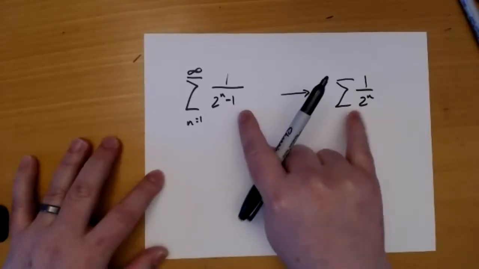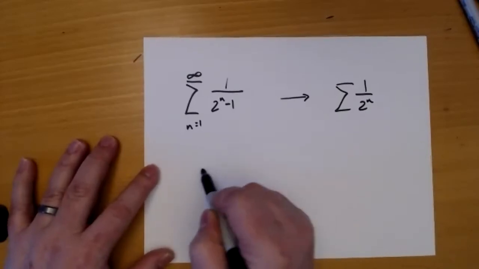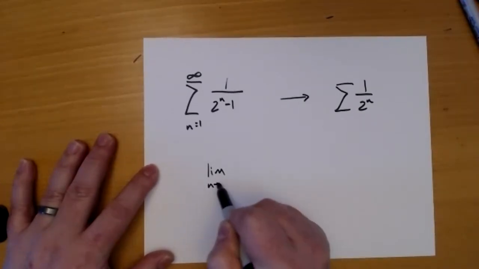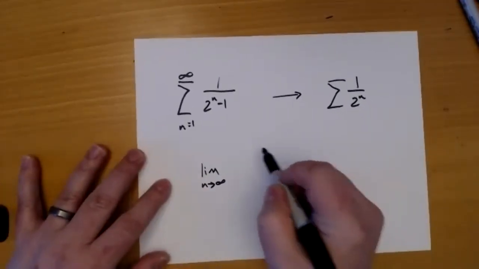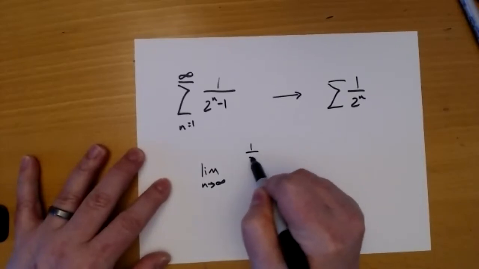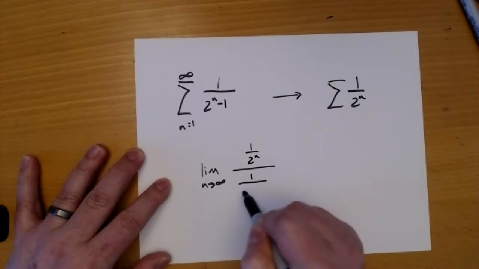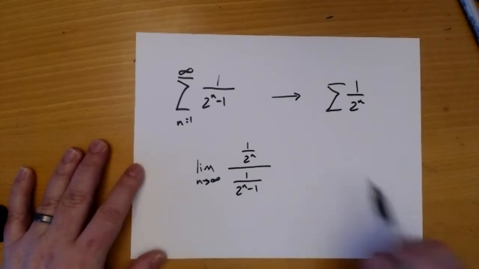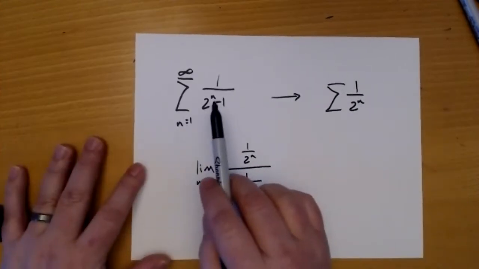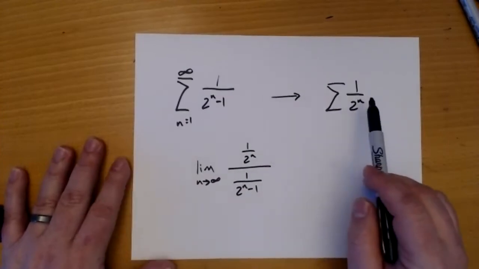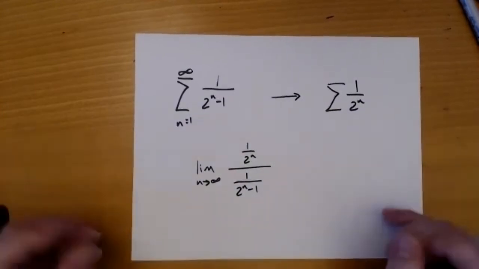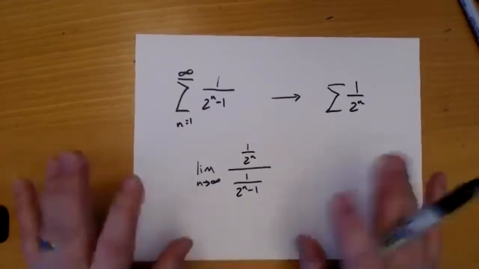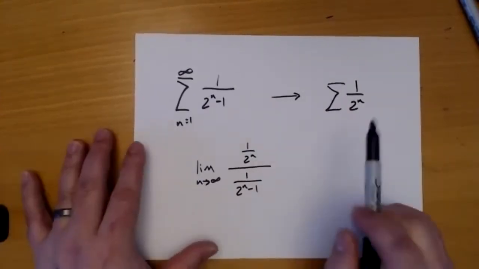Now, if we take the limit as n approaches infinity of 1 over 2 to the n all over 1 over 2 to the n minus 1, first you explode everything to get rid of your little itty bitty terms that don't mean squat. Once you've done that, you divide the two.